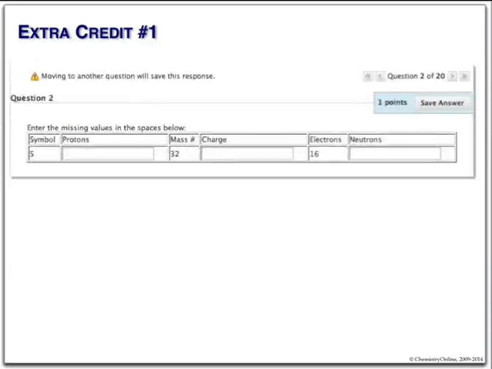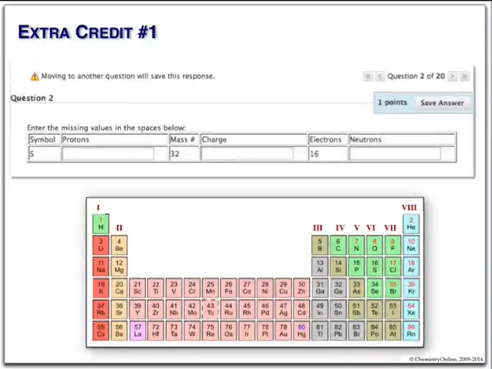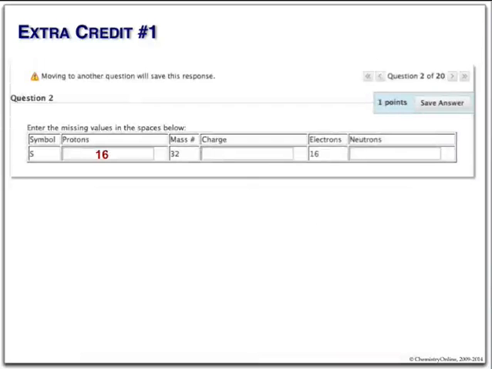Sulfur. Sulfur is going to be here in group 6, and its atomic number is 16. Okay? That means it's going to have 16 protons. Just type in 16. We are told that we have 16 electrons.